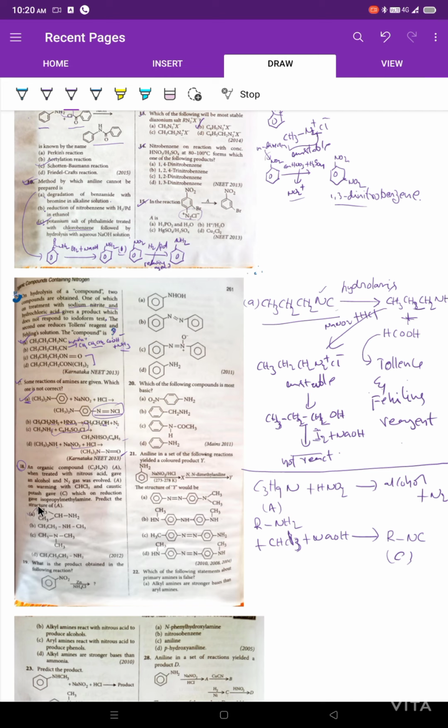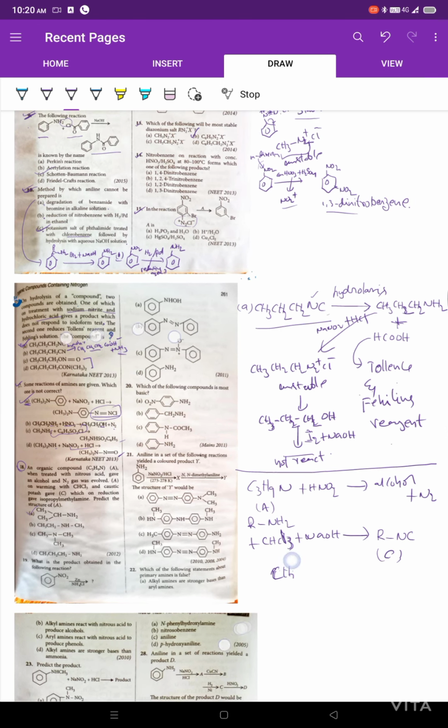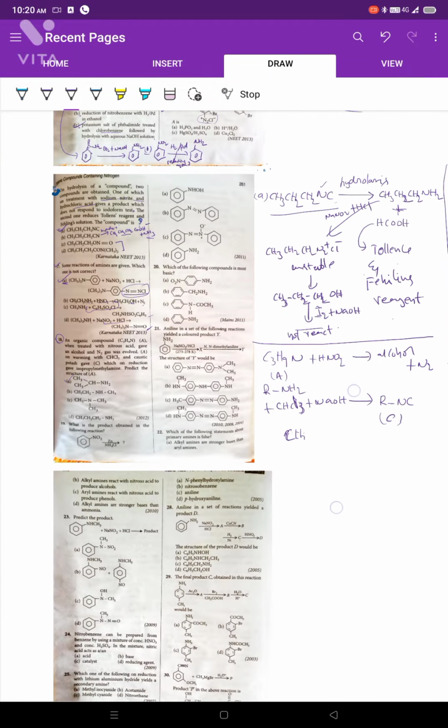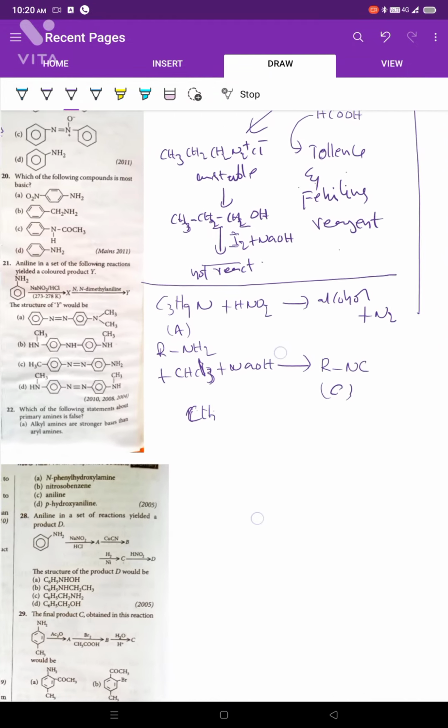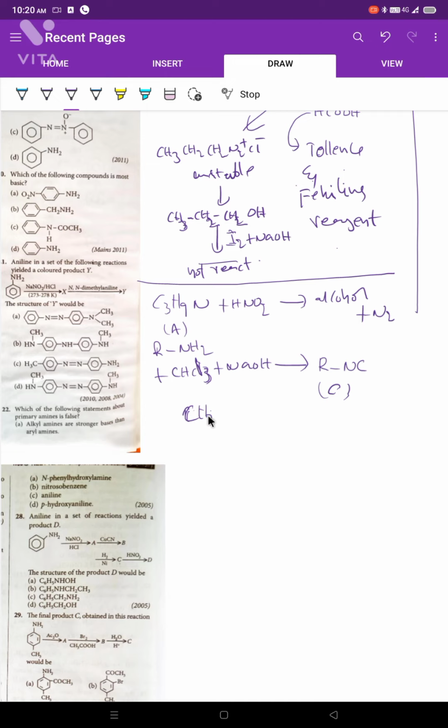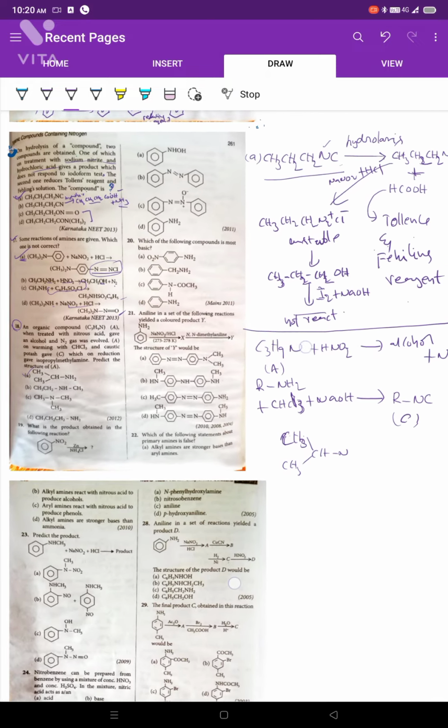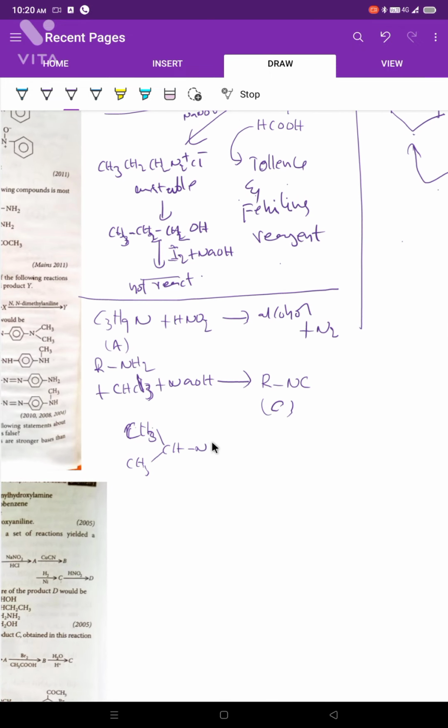Let us take A as option A. Then you can write what happens. Option A is CH3 CH3 NH2.